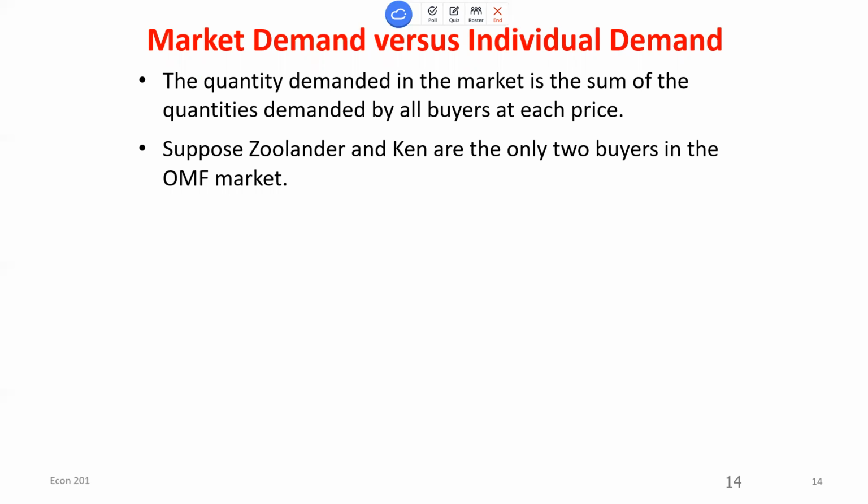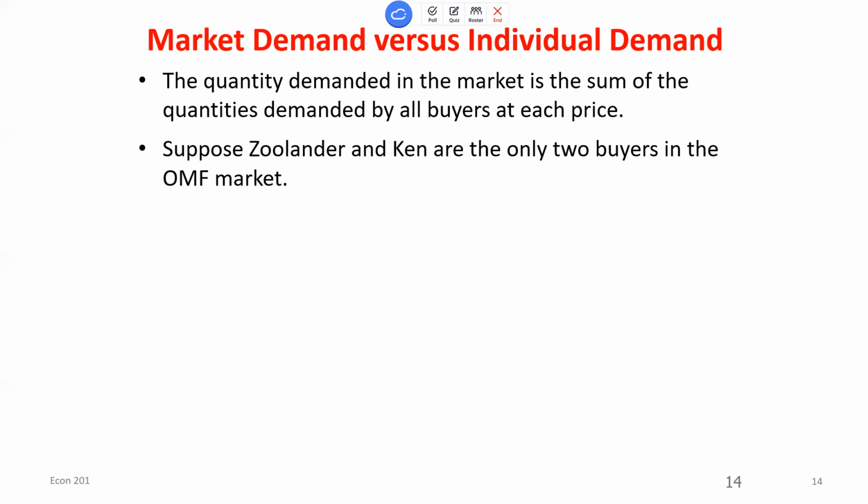So all we're going to do is, at every single price that we were thinking about before, we're now not just going to see how many Zoolander would buy, but we're also going to take how many you would buy and add to it how many this other person in the economy would buy as well. So we'll assume now that we have a 2-person economy, right? So when we're calculating the market demand, we have to add up the quantity demanded from each individual at all these different prices.